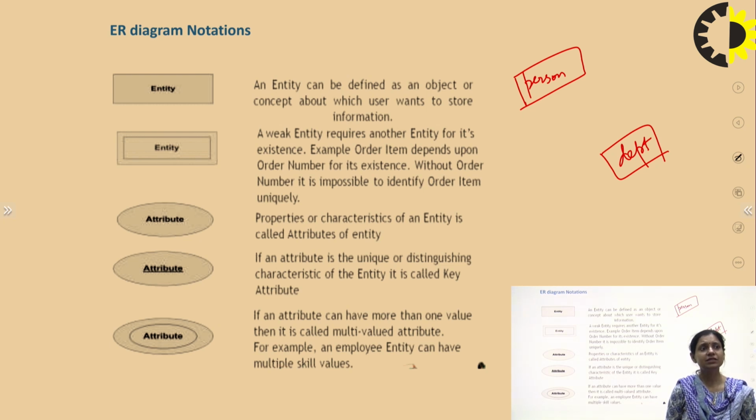Any entity which is dependent on another entity is a weak entity. It is represented in a double rectangle. Now, every entity has certain attributes as we have just discussed.